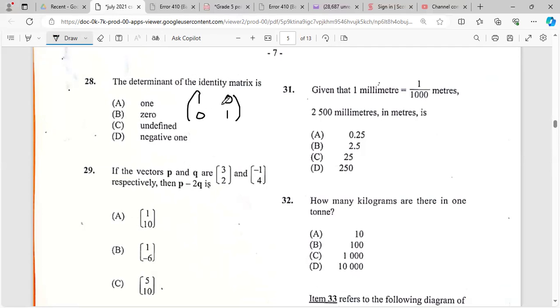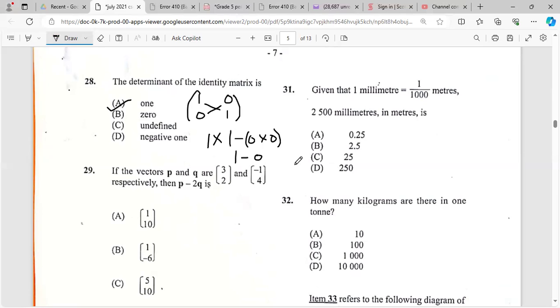We know that the determinant is AD minus BC. So it's 1 times 1 minus 0 times 0. 0 times 0 gives you 0, right? So 1 minus 0 is 1.